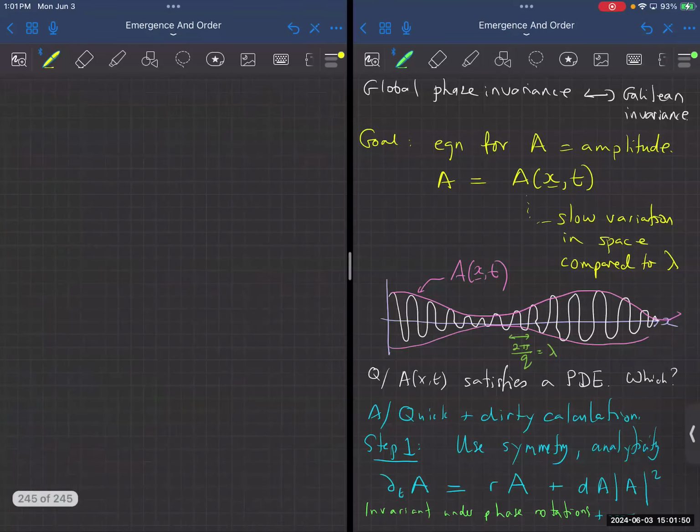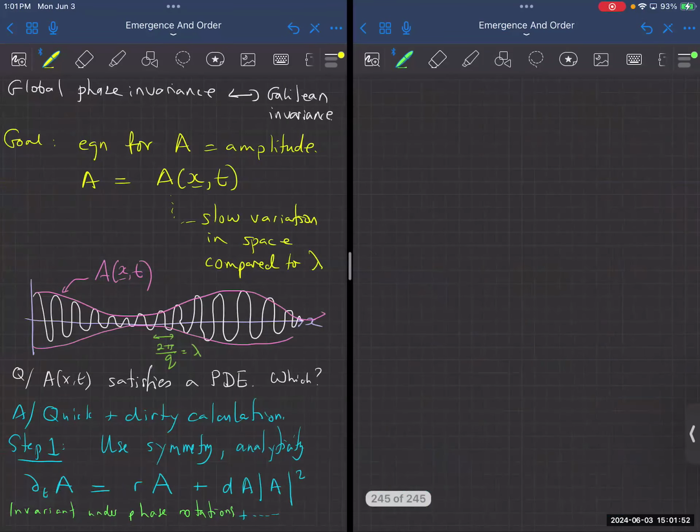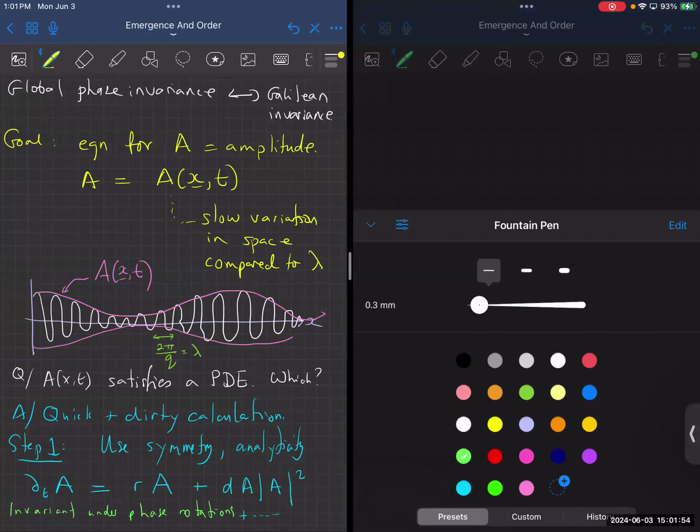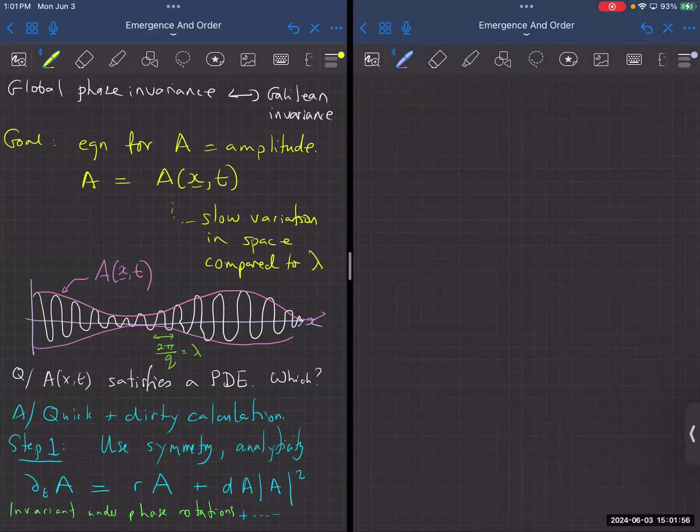Okay, so are we done yet? No, we're not done yet, because we haven't got any space in this. So this is step one. So now step two is we need to add space.